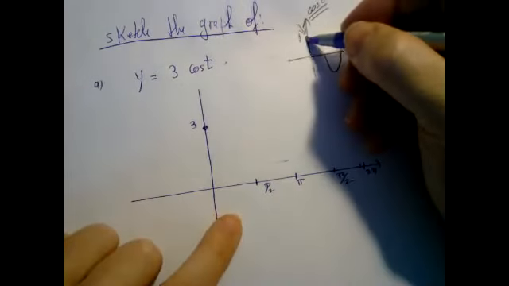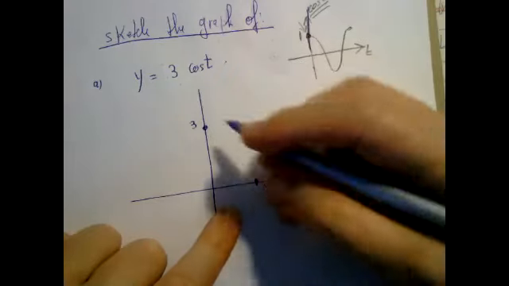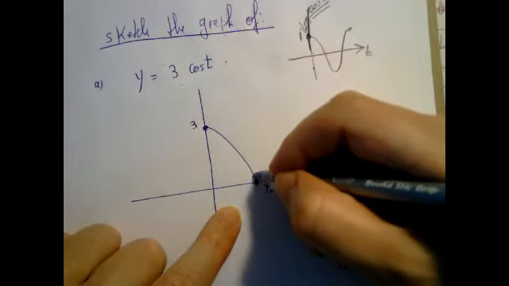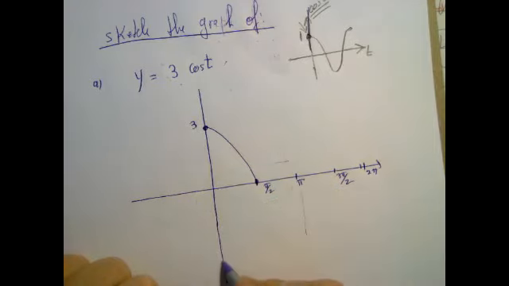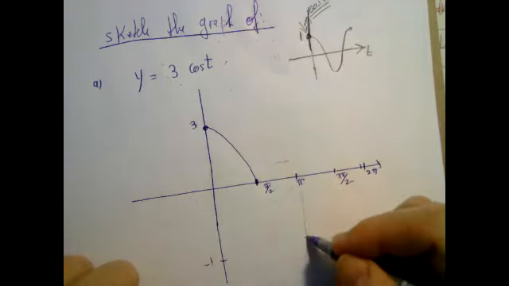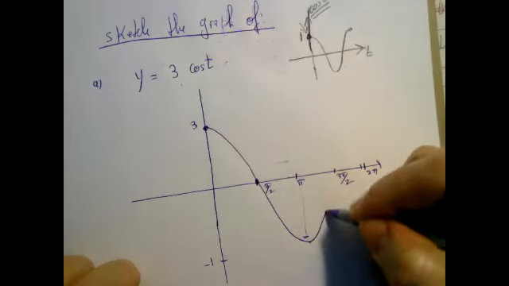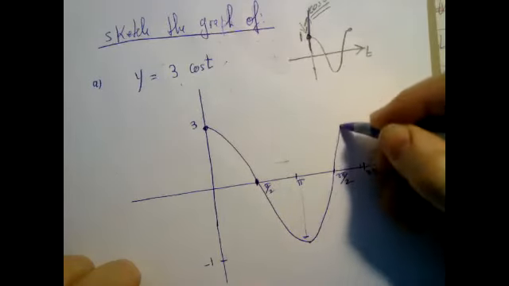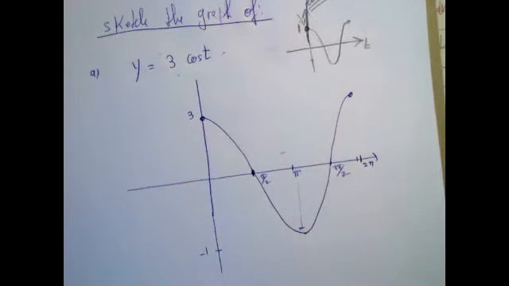Whatever happened at 1, we multiply it by 3. At pi over 2, it stays 0. At pi, we're going to go back all the way to -3. At 3 pi over 2, we're back to 0, and then to 2 pi. So that's the 3 cosine t.